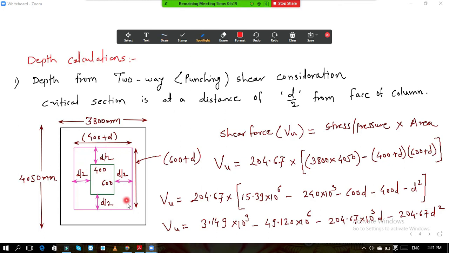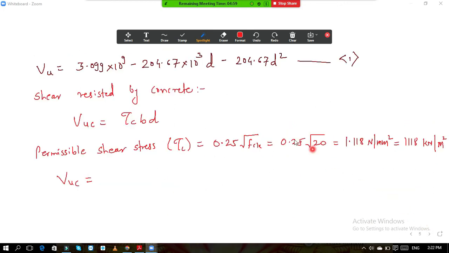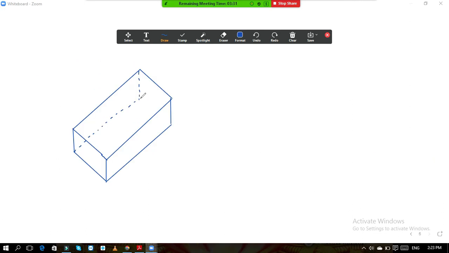This is the area along which you will calculate the shear resistance, because this area is going to punch, and while punching the shear resisted will be along the depth of the footing. So now what will be the area? If I draw a separate diagram for this, I will draw over here.